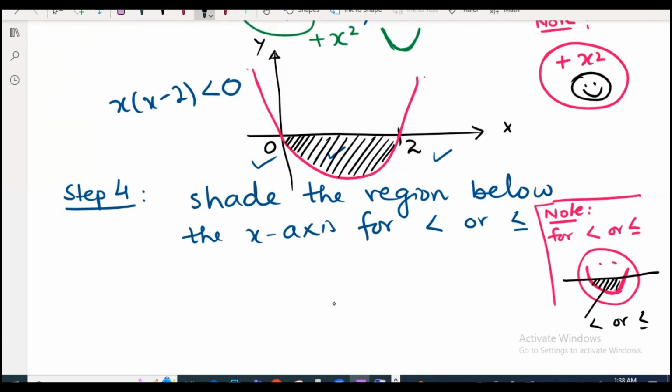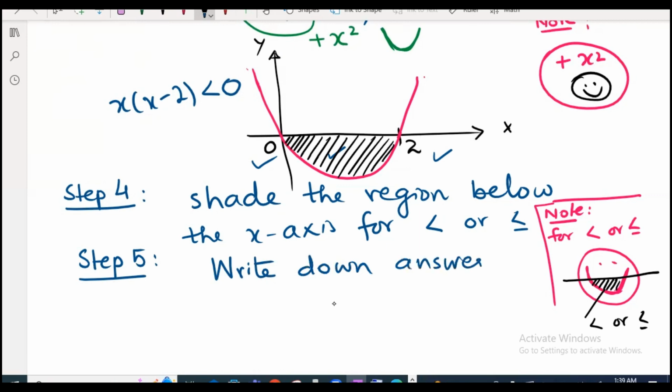Now step number 5. Step number 5 is write down answer by observing the shaded region.